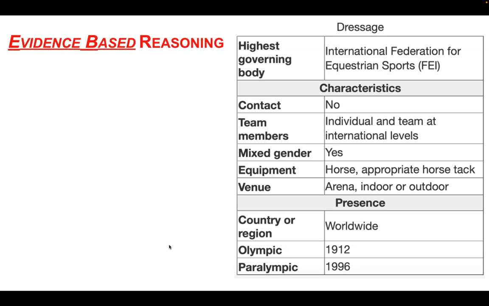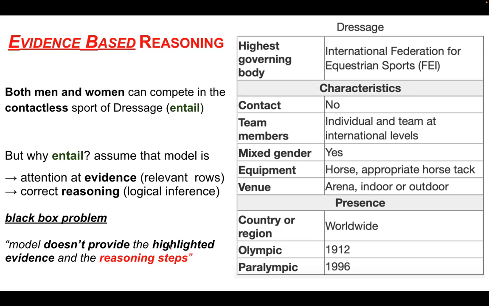Now let's look at the probing task in detail. So the first step is evidence-based reasoning. What is evidence-based reasoning? As we can see from the example we discussed, both men and women can compete in the contactless sport of dressage. The hypothesis is entailed. But why? There are two reasons. First, the model needs to look at the correct evidence which is there, and then it has to do reasoning, logical inference, on that evidence.